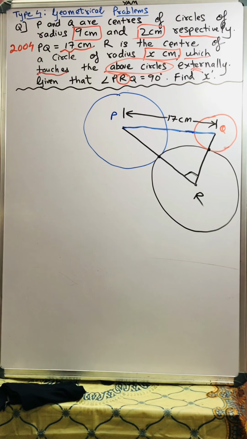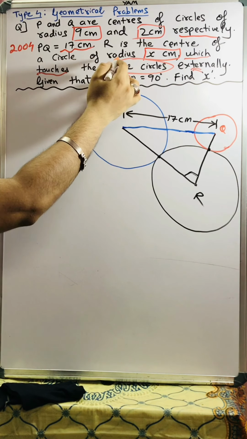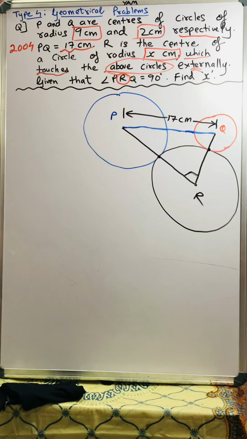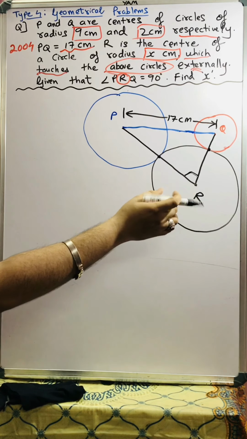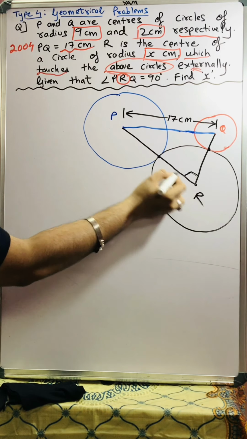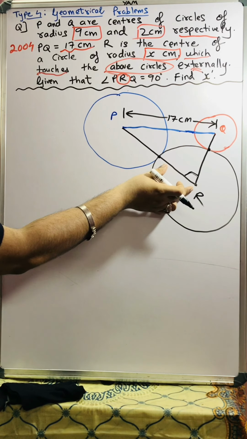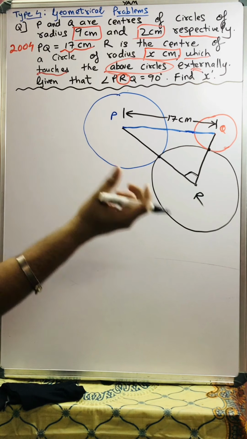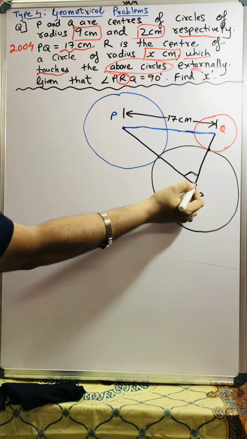Now let me write the dimensions. See here. R is the center of a circle of radius x centimeter. So students, over here, see this. Can I say this part is the radius? Do you all believe that this is the radius? Radius is what? Any segment starting from the center and ending at the circumference. So it starts from here and ends in circumference.